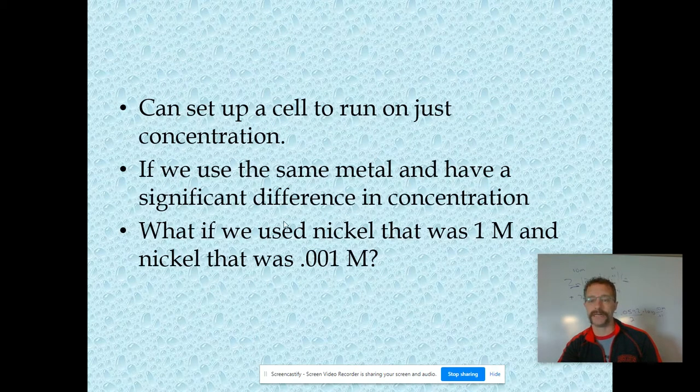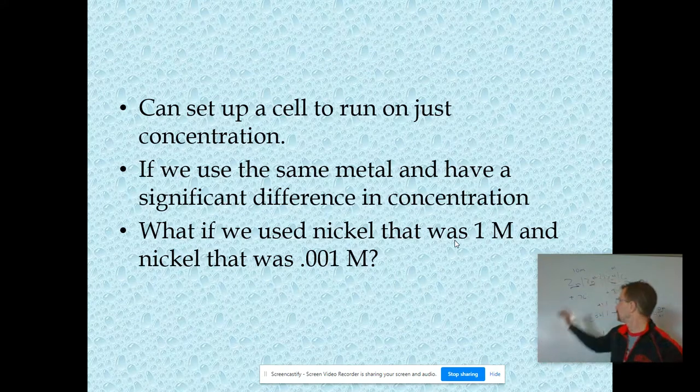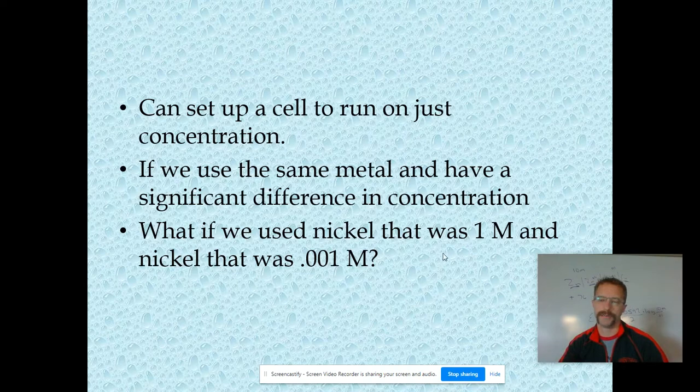You can set up a cell to run just on the differences in concentration. If you do something that's just based on differences in concentration, you're going to get a very low voltage, like the one you did on Friday. You had to mess with the concentrations, and if you mess with the concentrations, you can get a small voltage. It's not very much, because the standard cell potential would be 0. But then you would take your log part here.